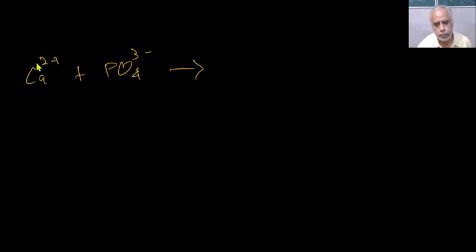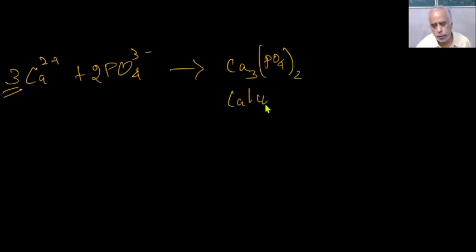So take the LCM, that is 6. So this can be multiplied by 3 and this by 2. Therefore 3 2s are 6 plus, 2 3s are 6 minus. Now you can put Ca with the 3 as the subscript, Ca3, and for PO4 you cannot write 2, otherwise it looks like 42. So put a bracket and put 2. So this is called calcium phosphate, Ca3(PO4)2.